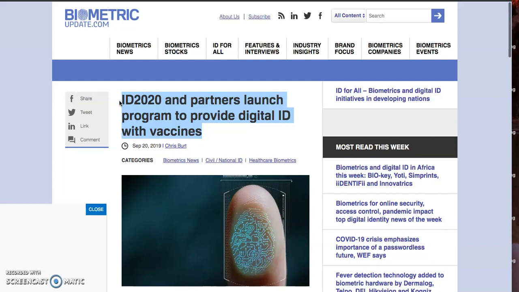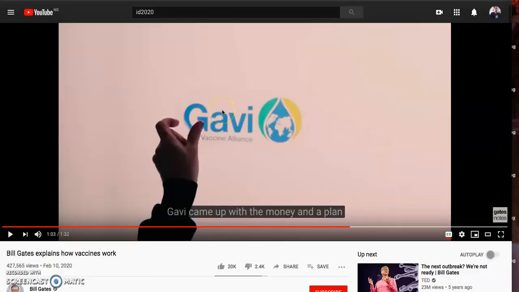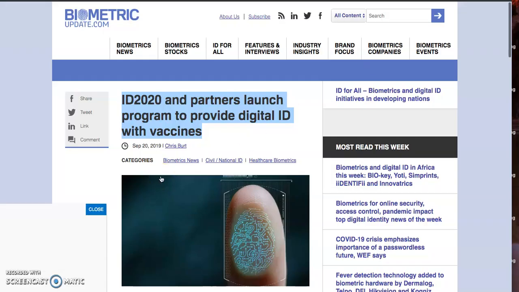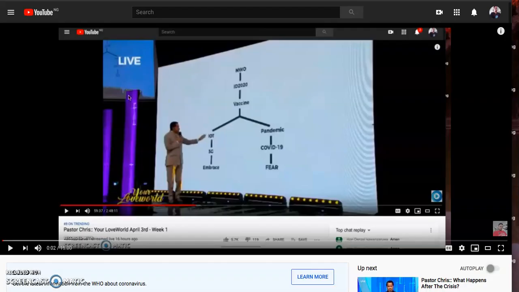Of course, it will be through the internet. So if you have a chip in your body that was programmed into your body to check your immune system and fight it based on what has been programmed inside it, for you to achieve digital identity with vaccines, you will need faster internet to send those messages to the server. That is what Pastor Chris was trying to say.